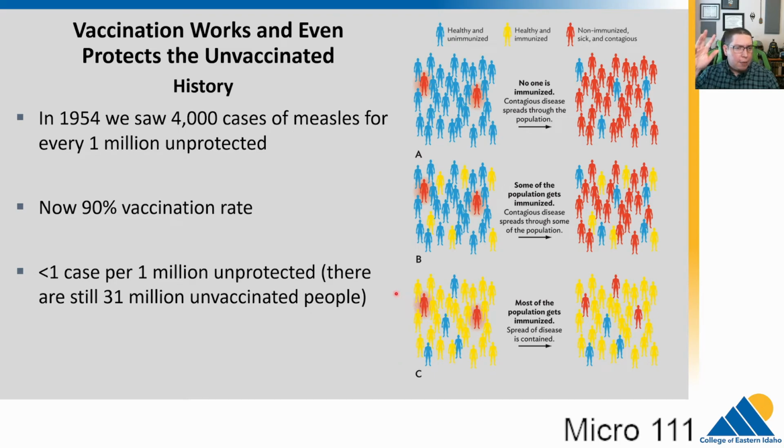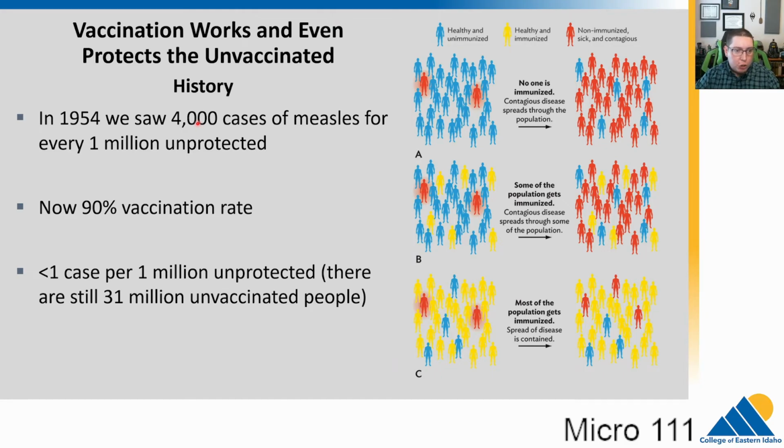Let's look at the best case study of herd immunity, though. In 1954, there were 4,000 cases of measles for every 1 million unprotected individuals. So for every 1 million unimmunized individuals, we saw 4,000 cases of measles.